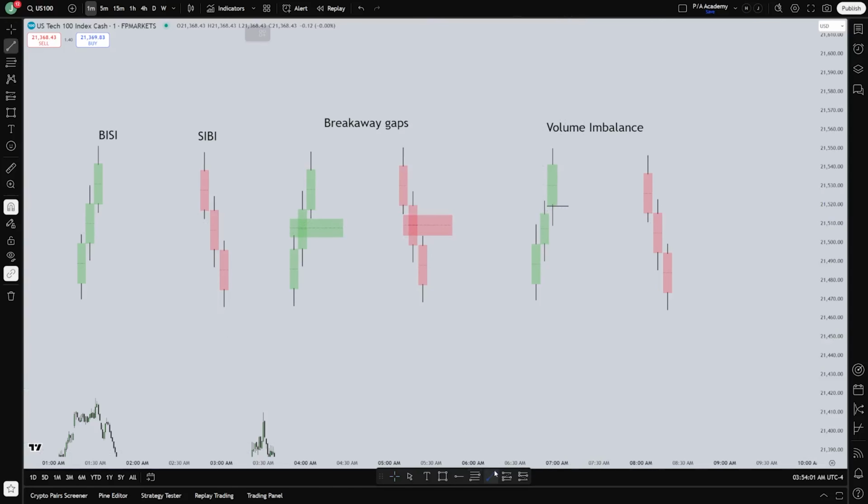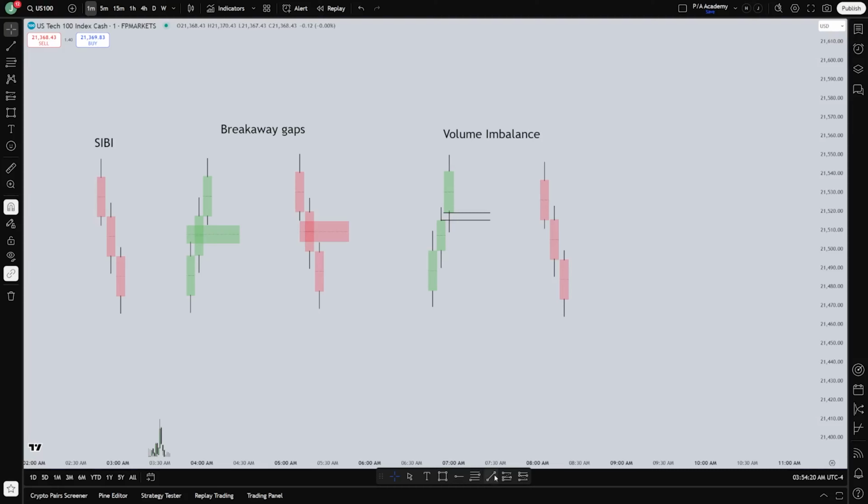It's literally just a gap between the bodies. Usually price would retrace to it. So the candlestick, for example, candle 2's high of the body, which is the close, and the open of candlestick 3, the low of its body, right? And usually you would expect price to come down into it, hold as support, and go higher, right?